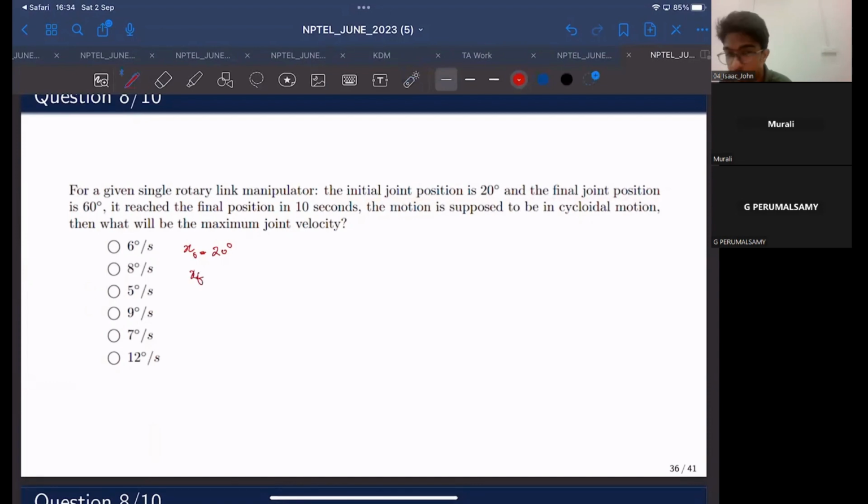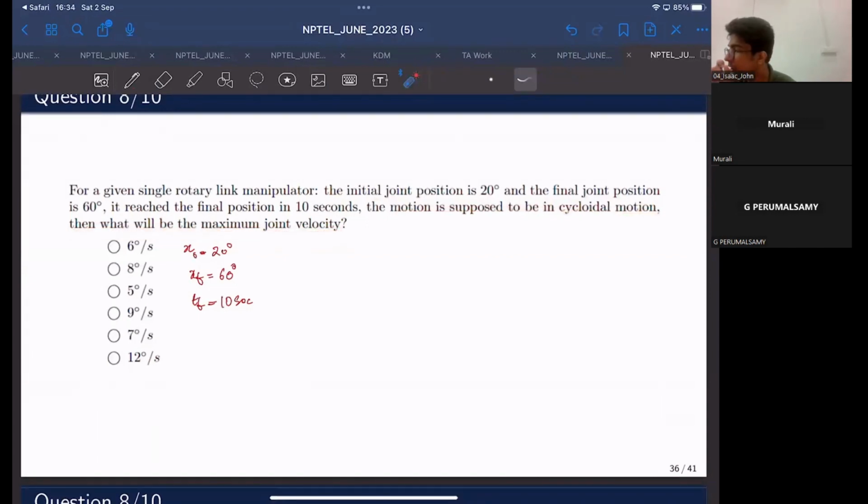So xf or theta f, whichever notation you prefer, is 60 degrees. And the time taken for the trajectory, tf, is 10 seconds. Right? And the motion is supposed to be a cycloidal motion. Then what will be the maximum joint velocity?